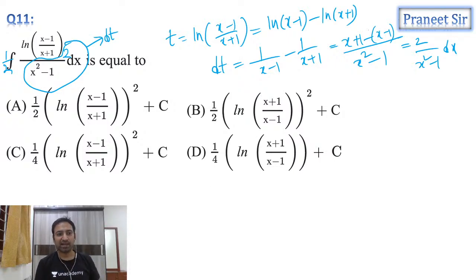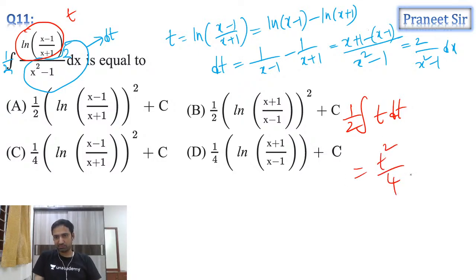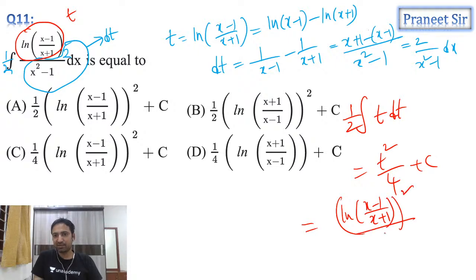So finally this part becomes t, and I am getting 1 by 2 times t into dt. So tell me guys, what is it? Isn't it t square by 4 plus some constant c? So now substitute the t value, that is log of x minus 1 by x plus 1 whole square by 4 plus c.